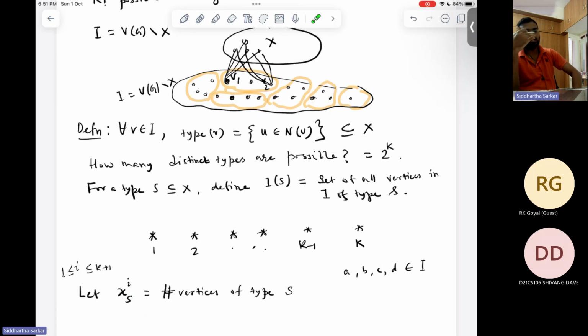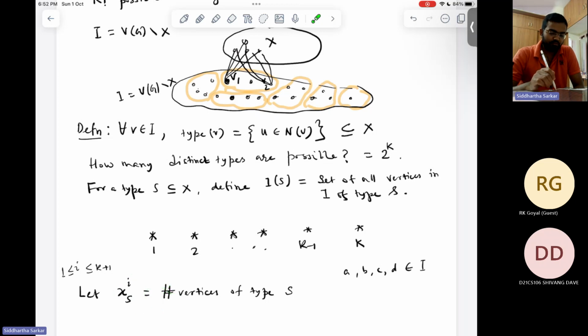So take a moment to let that sink in. This is a pretty involved integer linear program formulation, and I agree with Shivang that there can definitely be doubts on this. So x sub s i is a variable that we are going to define for every s, which is a subset of X, the vertex cover.